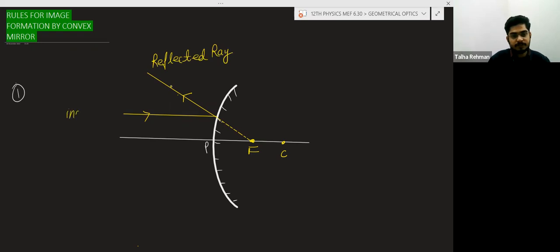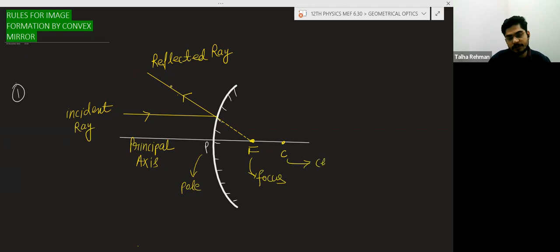Incident ray. This is the principal axis. What is P? P is pole. What is F? F is focus. What is C? C is center of curvature.